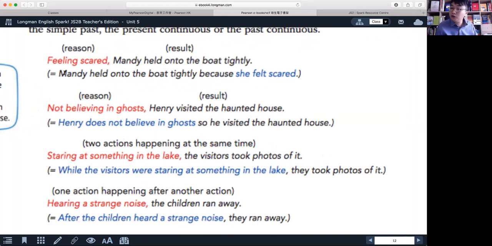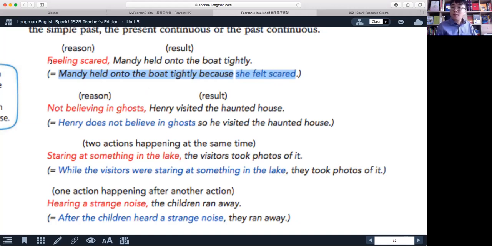Let's look at the original version first. This is the original version. Mandy held onto the boat tightly because she felt scared. This sentence is grammatical, but we can always use another way to express the same meaning.